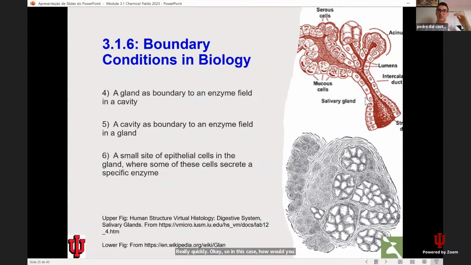Your cells are secreting the molecules, and the cavity behaves as a sink. The cavity takes this enzyme and spreads it evenly. So let's say you're building this model and you know the average concentration inside the cavity from the experiments. You set that constant concentration as the concentration at the boundary, and you model your secreting cells normally.